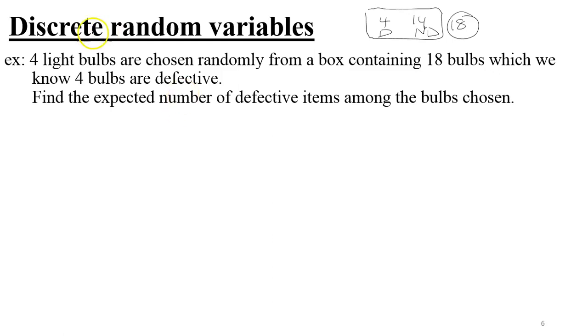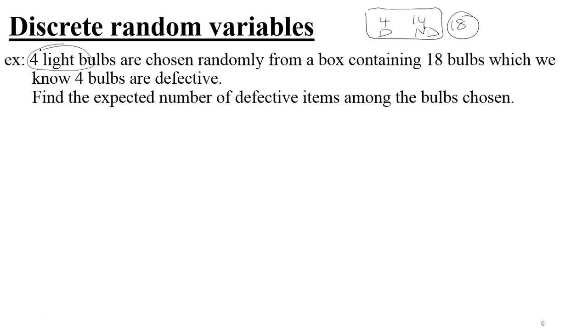Now over here, according to this, we are randomly choosing 4 bulbs out of this box. We already know that among these 18 light bulbs, 14 are not defective while 4 are defective. And then my random experiment consists of just choosing randomly 4 bulbs out of this box.